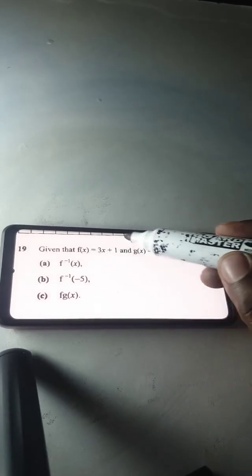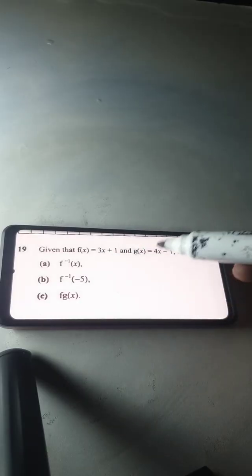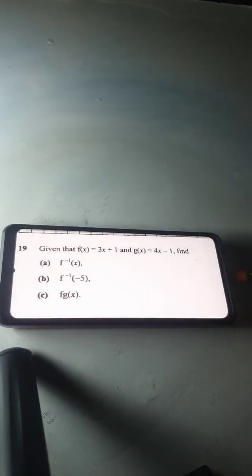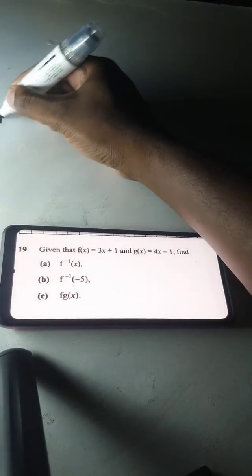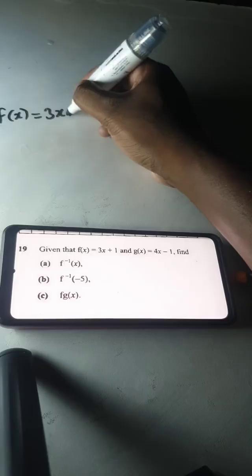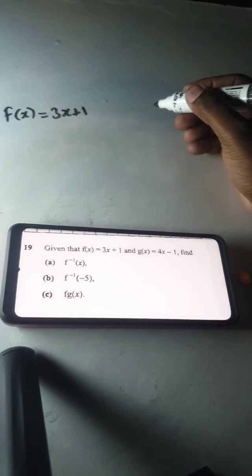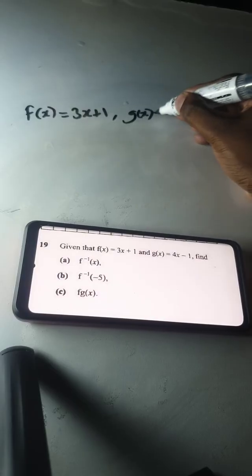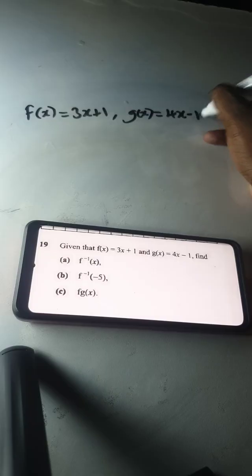So given that f of x is that and g of x is that, find the inverse of f of x. So we have been told that f of x is 3x plus 1, and then g of x is 4x minus 1.